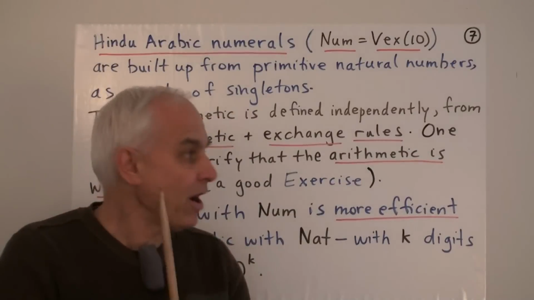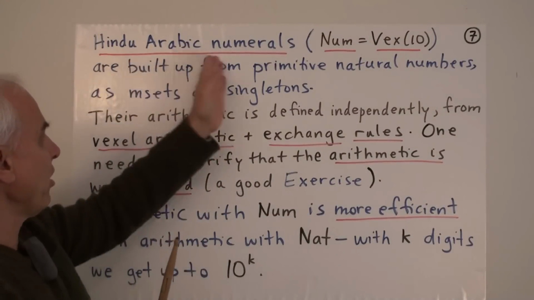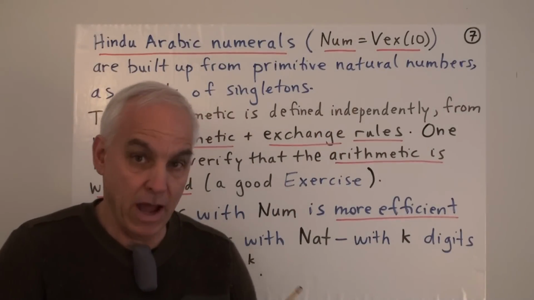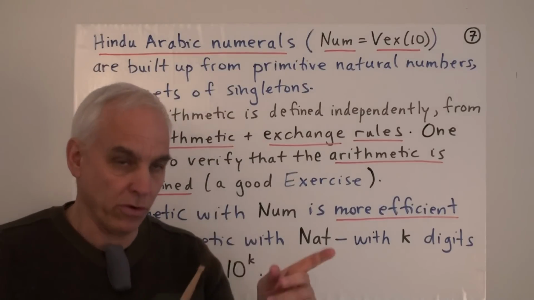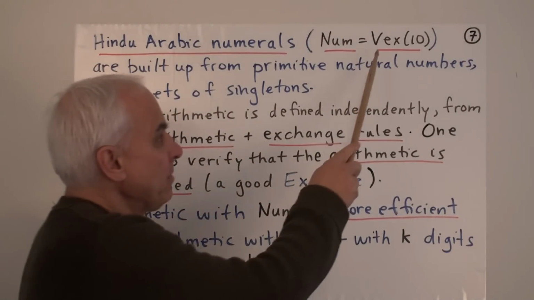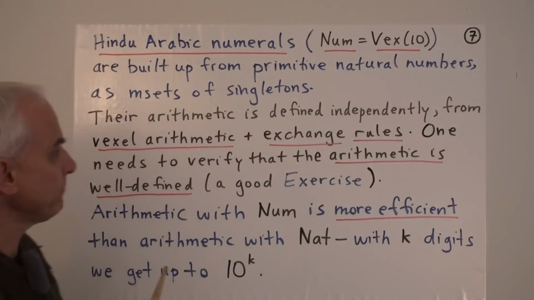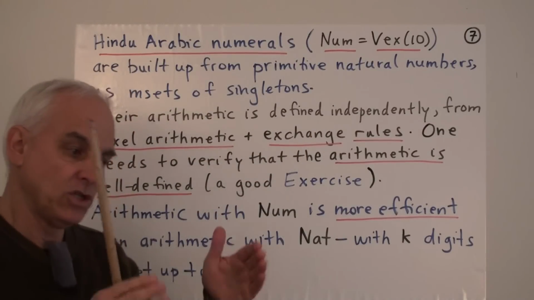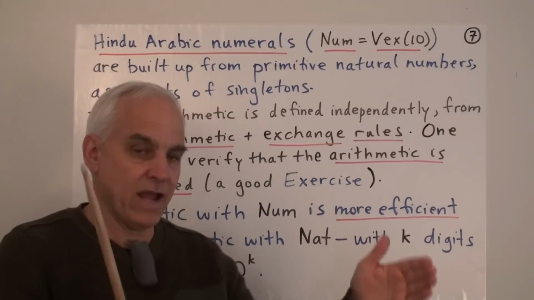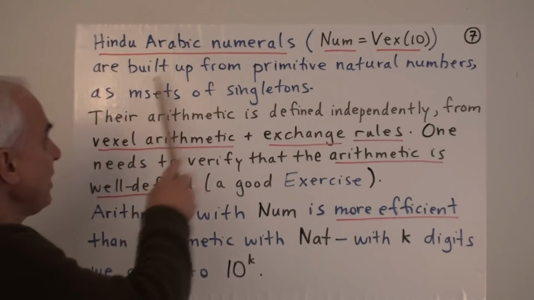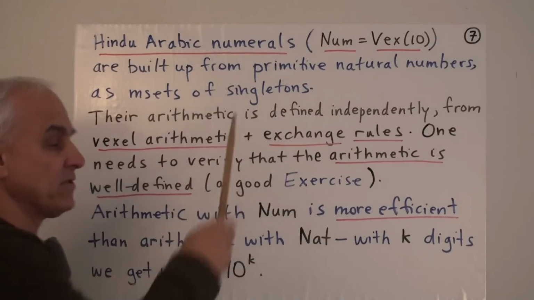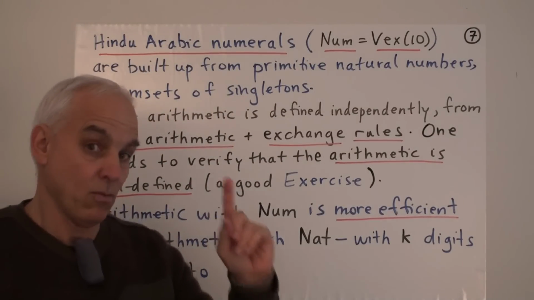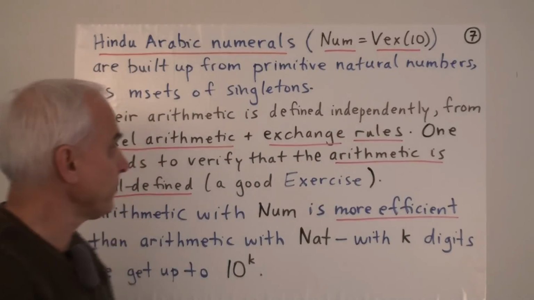So to summarize what we've done: we've introduced these Hindu-Arabic numerals, which we're denoting by type num, which you can think of as standing for numeral now, as essentially base 10 vexels. These are built up from our primitive natural numbers. So we assume we already understand our primitive natural numbers, and these vexels as objects are m sets of singletons, where a singleton is a list of one natural number.